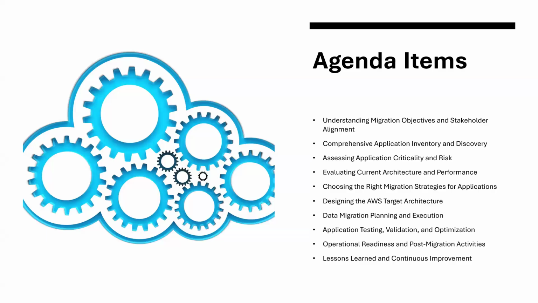Who will perform application testing and validation, because of the things we have talked about before: what test cases should be in place, and who is going to test those, the UATs. Then operational readiness and post-migration activities, because once we are moving to the cloud, applications should be ready to deliver the business aspects. And then lessons learned and continuous improvement.